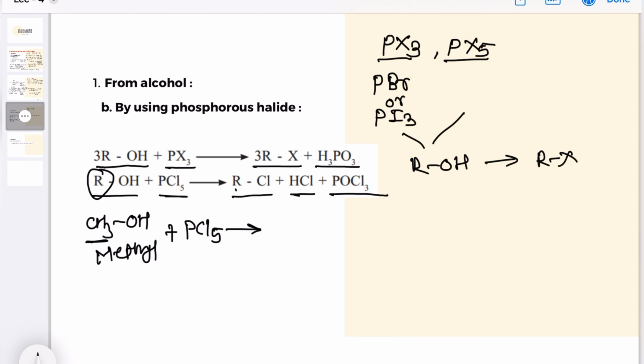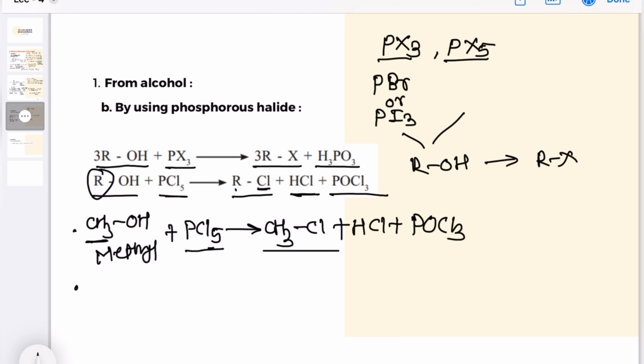This R remains here, that is CH3, this Cl from the pentachloride, again HCl as same, and POCl3. Okay, in examination the question may be asked, how will you prepare methyl chloride? By using methyl alcohol with the help of phosphorus pentachloride. Okay, so prepare it properly.